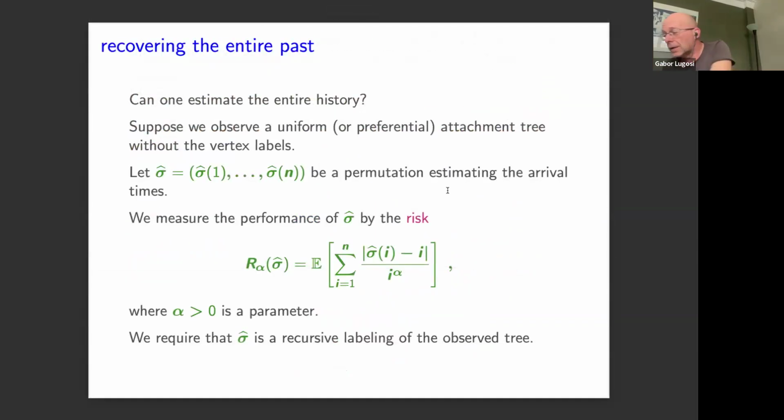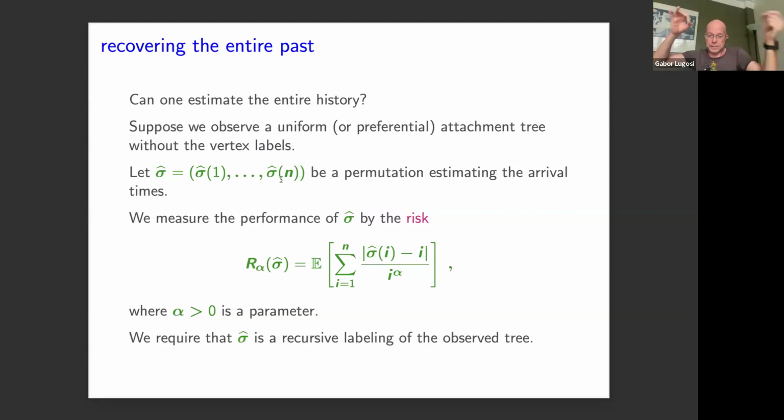All right. Let's see how much time I have. So just quickly, instead of looking at only the root vertex, we might want to estimate the entire history of the tree, right? So what we would like to output now is a permutation, an ordering of the vertices that should be a recursive ordering in the tree.